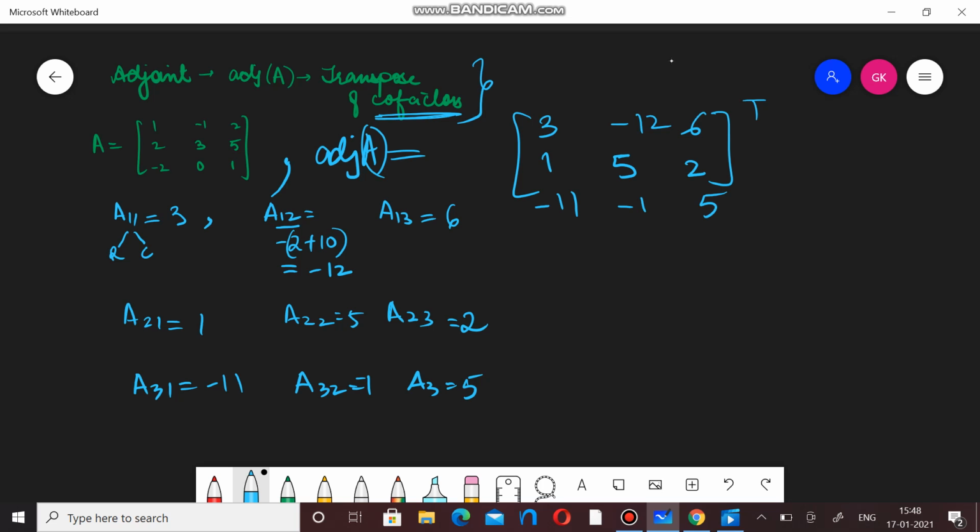How do you do the transpose? You change the rows into columns. So the first row will become the first column and the second row will become the second column. The third row will be the third column. So that gives you the adjoint of a matrix.